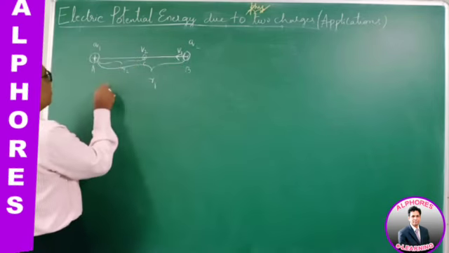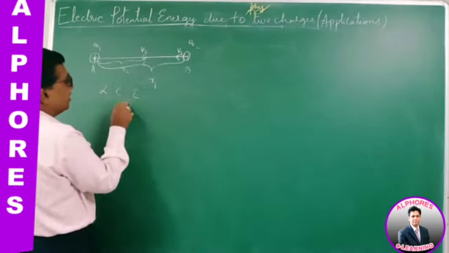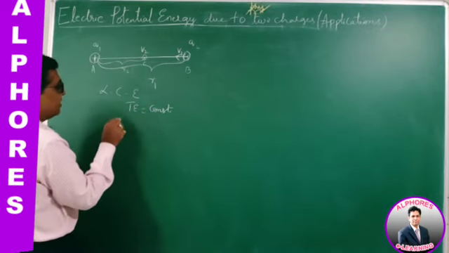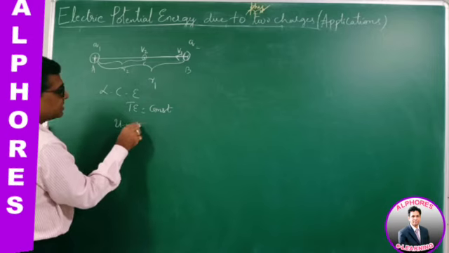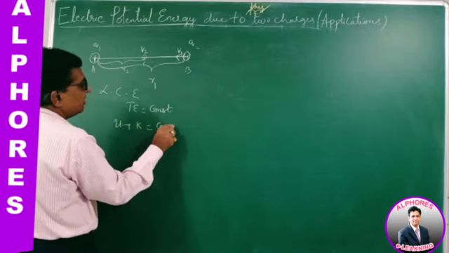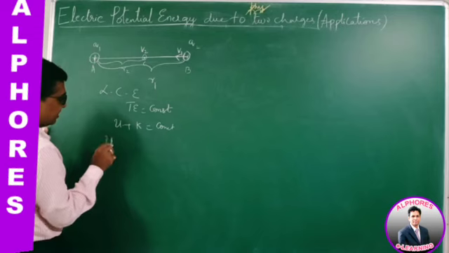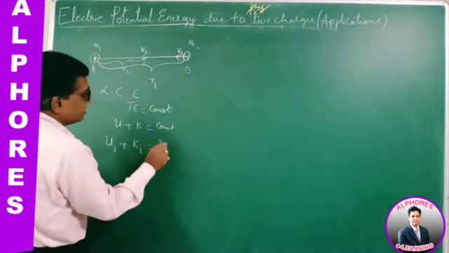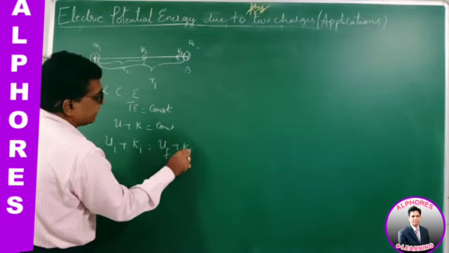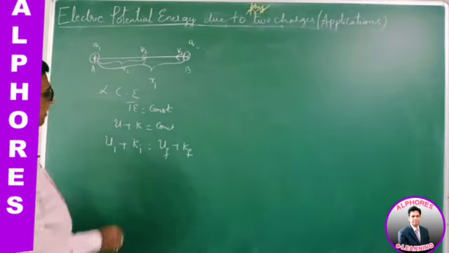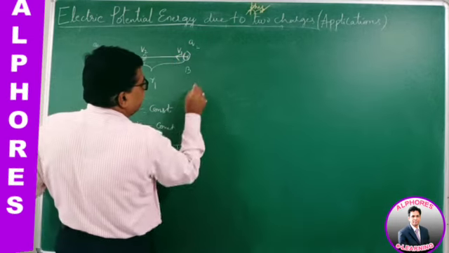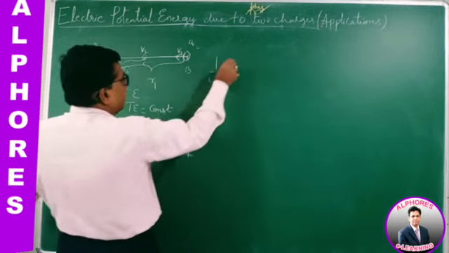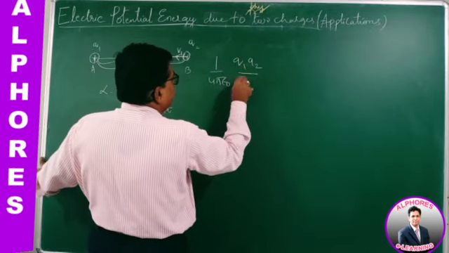You know, according to the law of conservation of energy, the total energy of a conservative system is a constant. What is total energy? Potential energy plus kinetic energy is a constant. So initially at this position, initial potential energy is Ui, kinetic energy Ki. Final potential energy is Uf, kinetic energy is Kf. So substituting, initially when the body is at this point, the potential energy is 1 by 4 pi epsilon naught Q1 Q2 by R1.